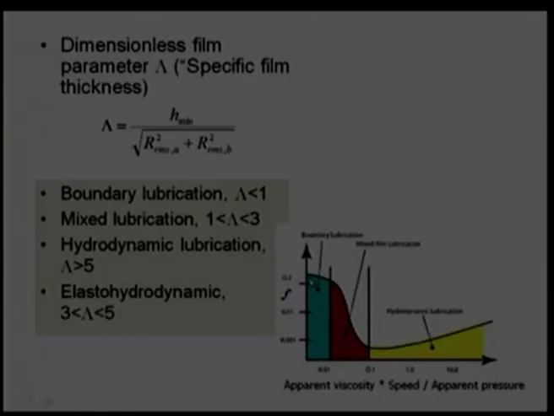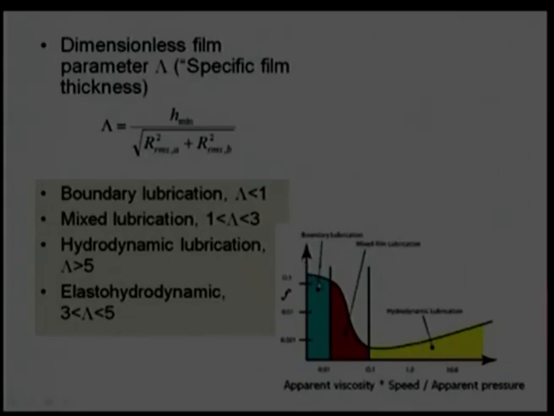That is difficult to achieve, because we cannot achieve zero speed, and whenever there is zero speed, zero viscosity or infinite pressure, we cannot get any result. So there is always a possibility of leaving a slight gap between this and the y axis, or the coefficient of friction axis.